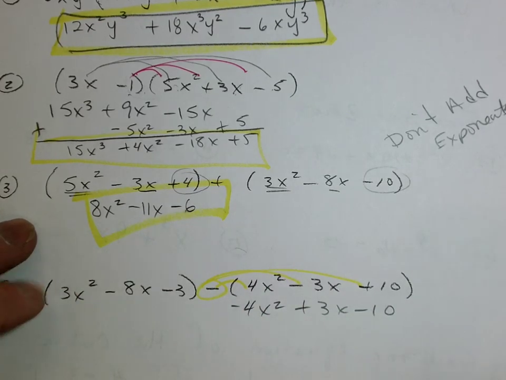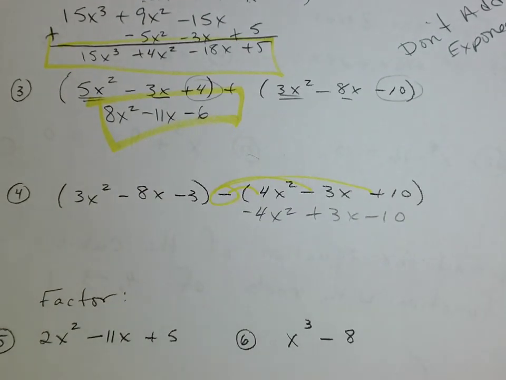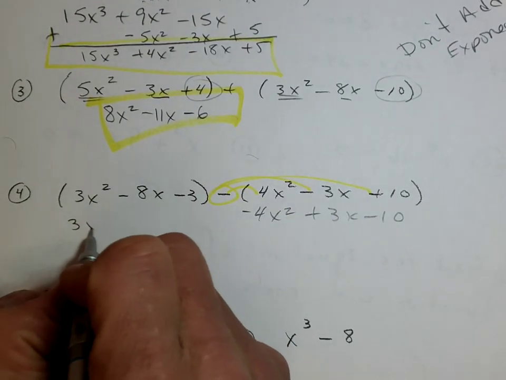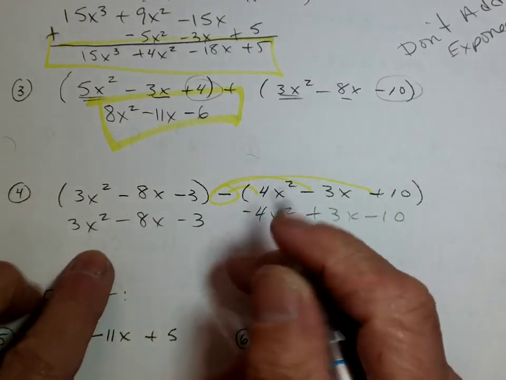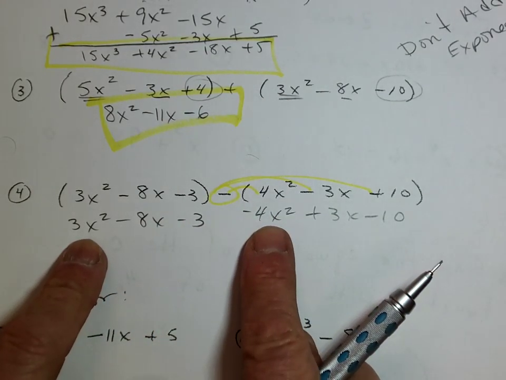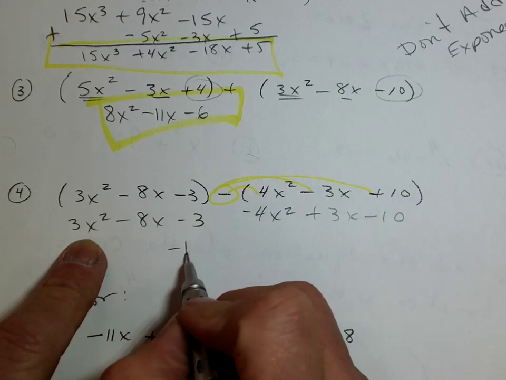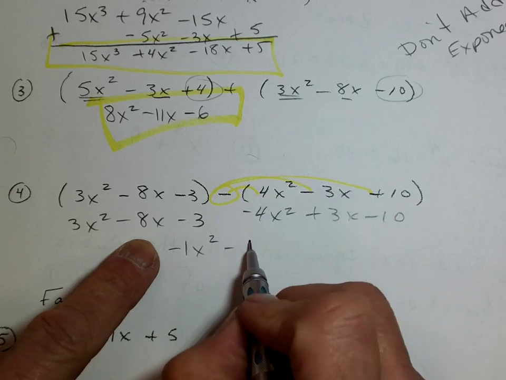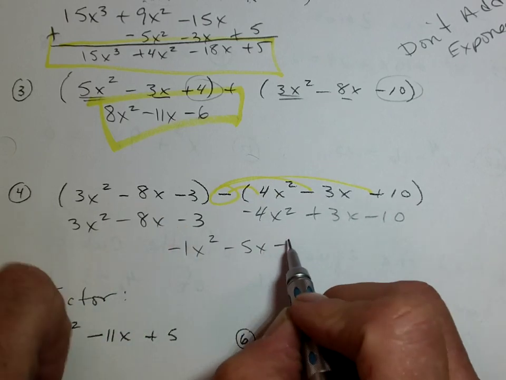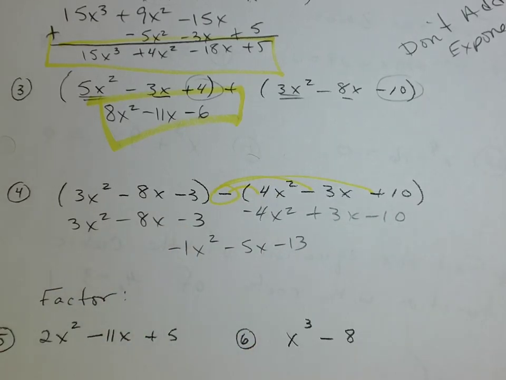So bring the negative through first. That just makes it so I don't mess up the negatives. So then we're just going to combine terms. We're going to put them all together. X squared with x squared, it's going to be a -1x squared minus 5x minus 13. That's it.